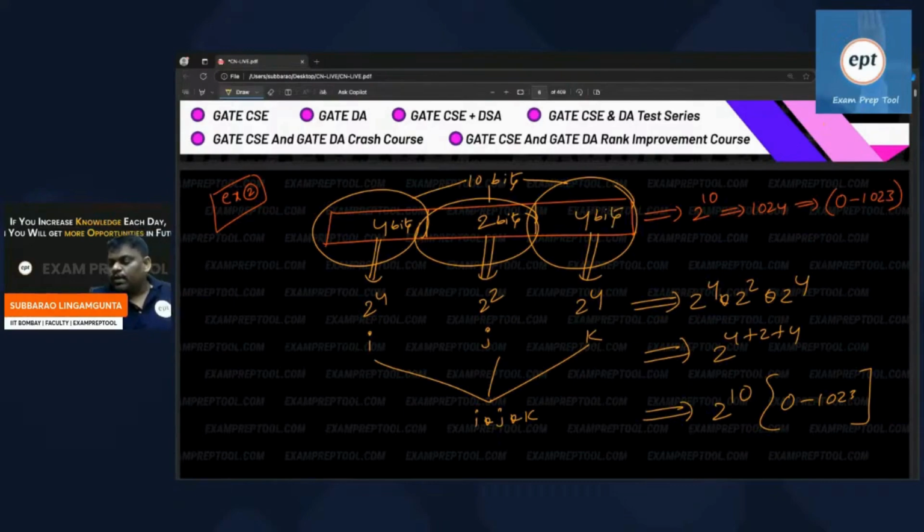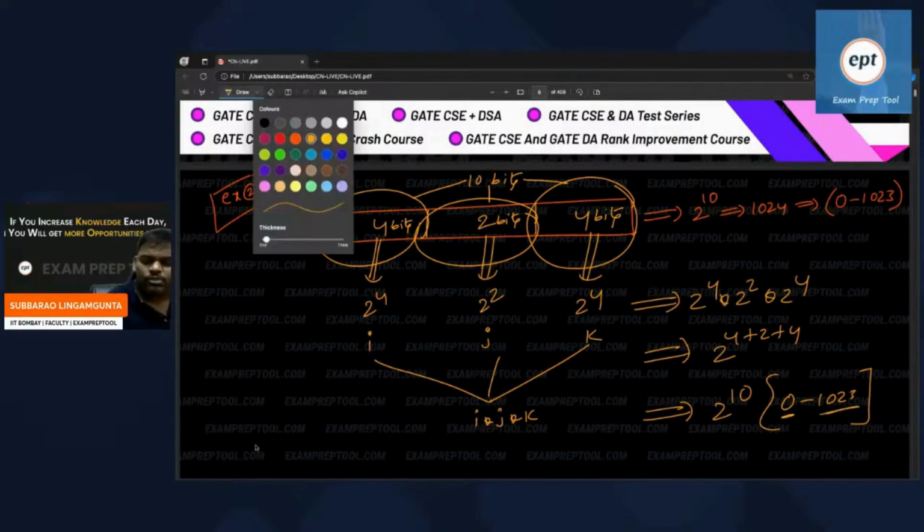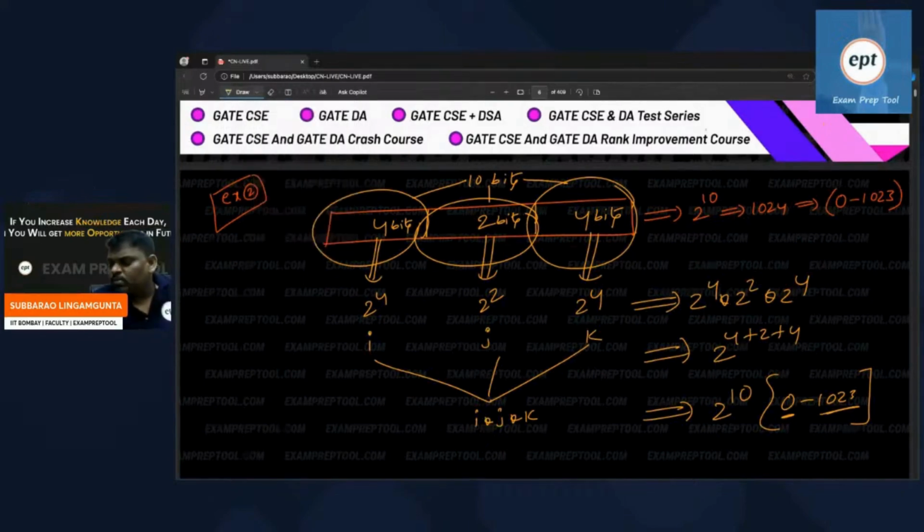So totally 2 power 10, 1024 ways are there, 0 to 1023. Minimum is 0, maximum is 1023.